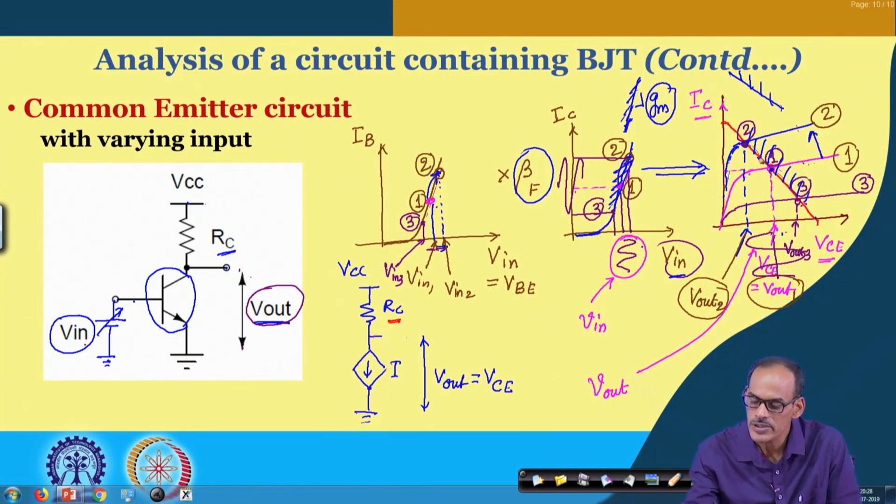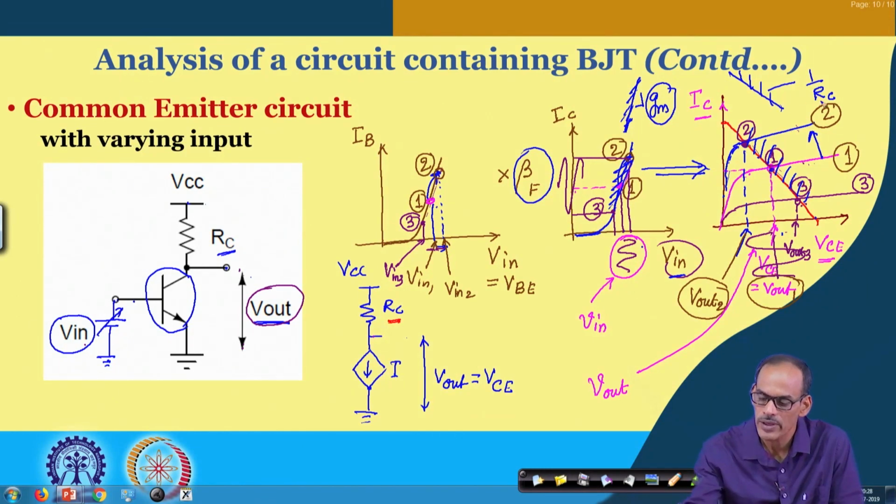And then if I consider the slope here, it is 1 by Rc. So, if I combine this slope 1 by Rc and this Gm together, it is bringing back the current to voltage.